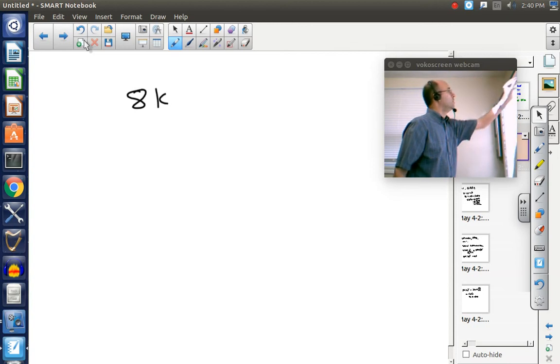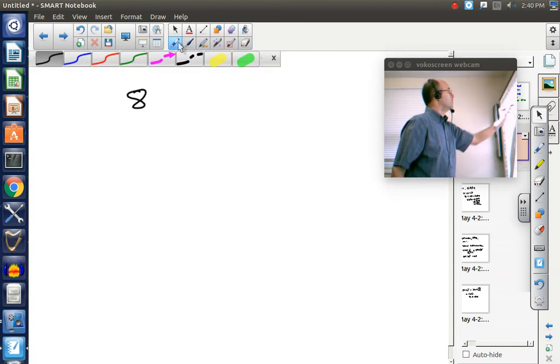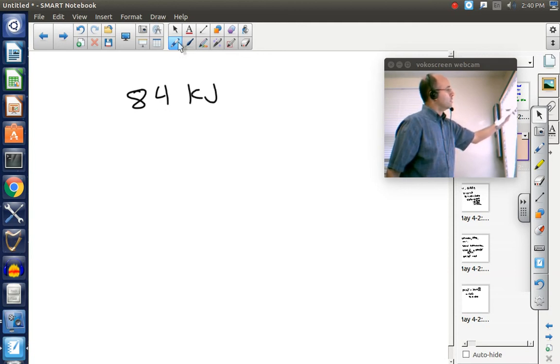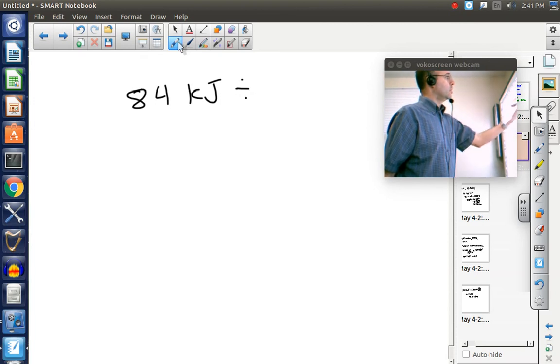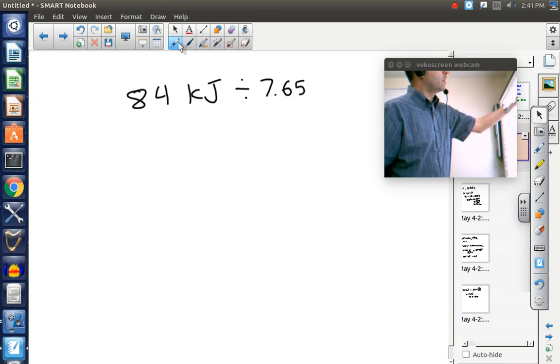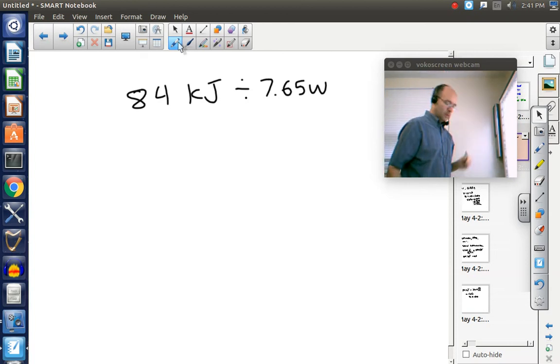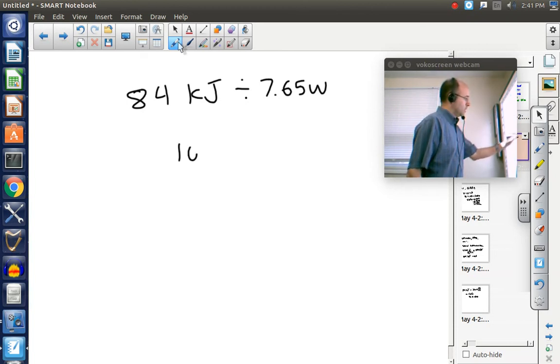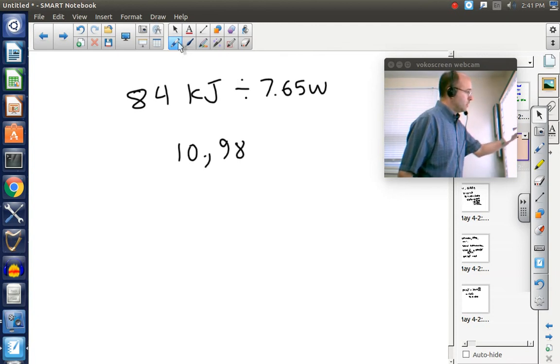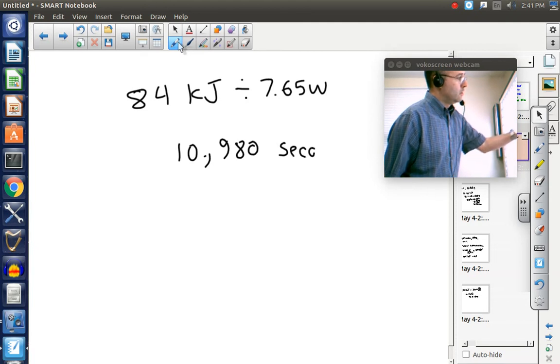I'm going to take my 84 kilojoules required to raise the water temperature, and I'm going to divide by 7.65 watts. 84,000 divided by 7.65 equals 10,980 seconds.